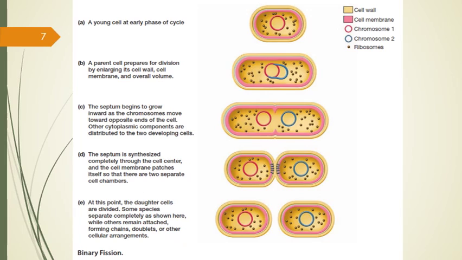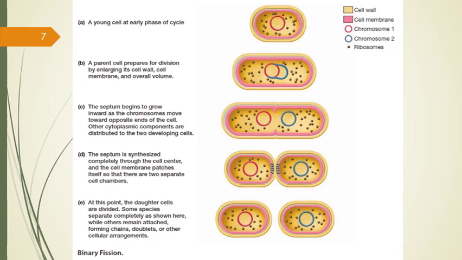Here you can see, if we study it stepwise, a young cell at an early phase of the cycle, where you can see the organelles, nuclear material, and the cell structures. A parent cell prepares for division by enlarging its cell wall and cell membrane, and overall volume increases.